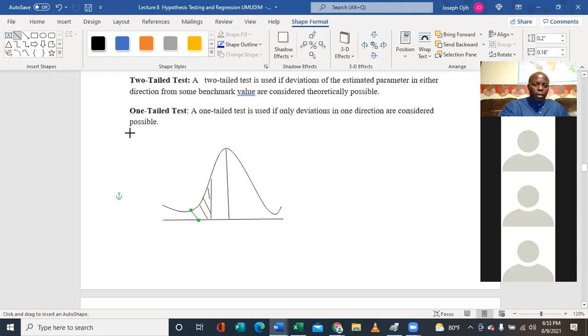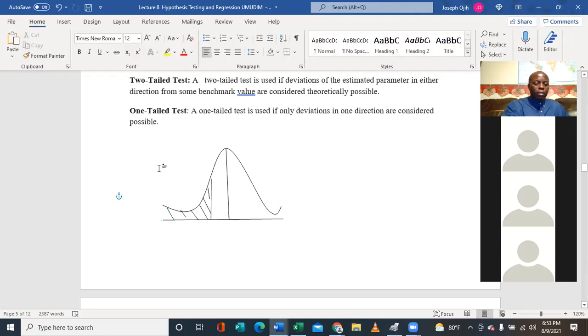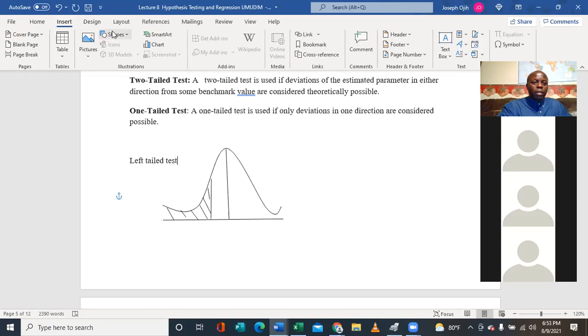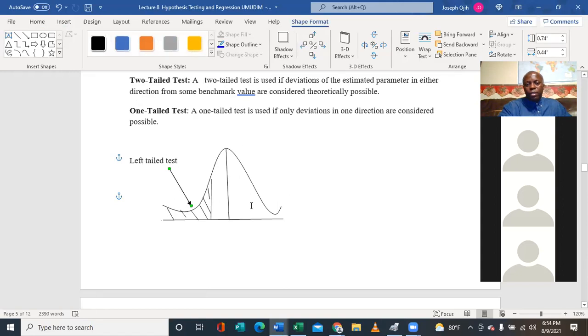So we call it a left tail test, because our interest is in the rejection region that falls in the left tail. This is the right tail here. This is the left tail.